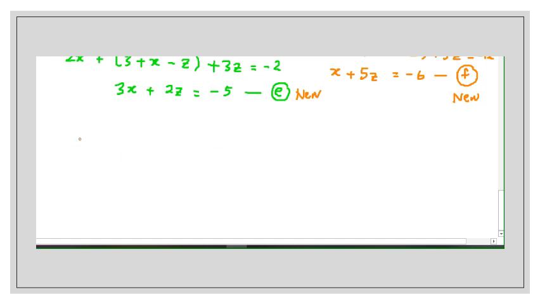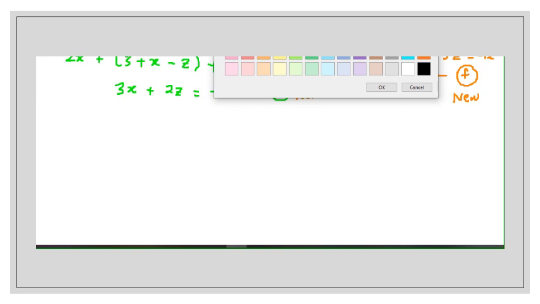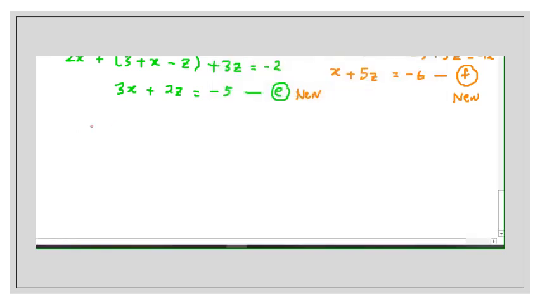The next step is to rewrite our two new equations. Okay, equation E is 3x plus 2z equal to negative 5. And the last one, x plus 5z equal to negative 6.